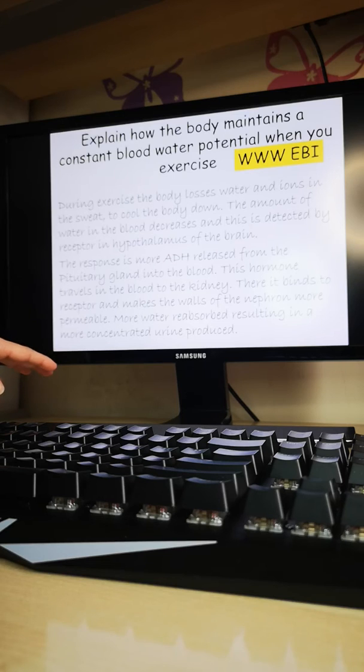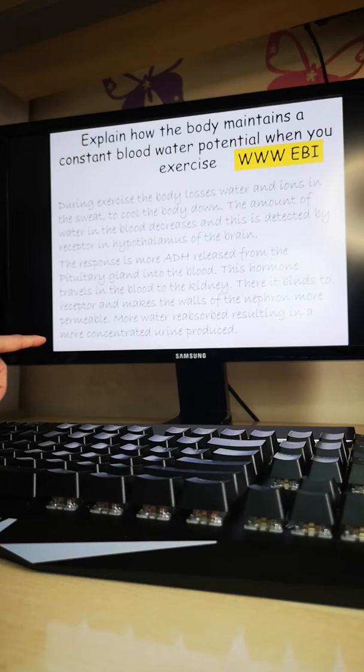More water is reabsorbed. Wouldn't be a mark point. It's true, but remember the from and to. So more water is reabsorbed from the filtrate to the blood, and then you can say giving a more concentrated urine.